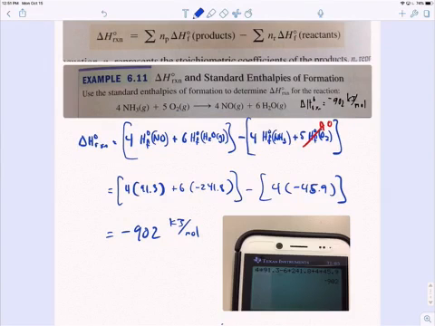Like that, and if you're wondering where the per mole comes in, it's per mole reaction, meaning the entire reaction as written. That's where the per mole comes in.